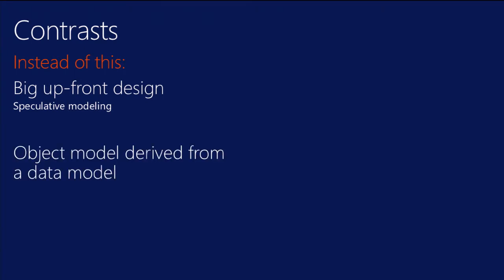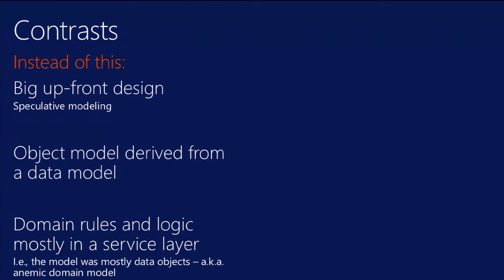They would create a data model, and from that they would derive an object model, essentially. So when we compared their object models and data models, they were very much one-to-one. And as I said, they would put their domain rules and their logic mostly in a service layer.